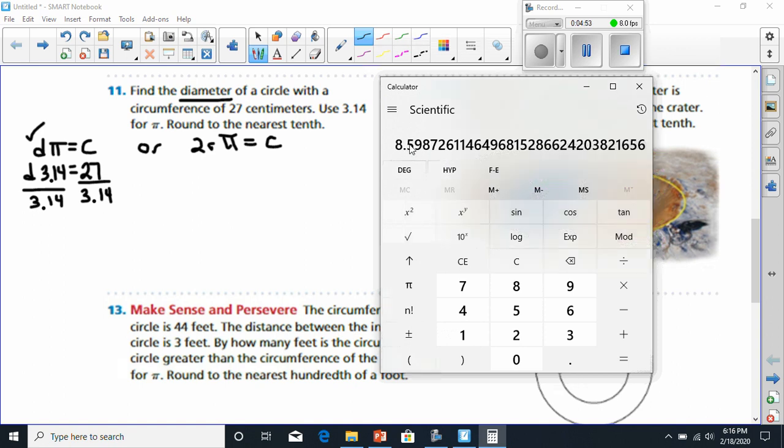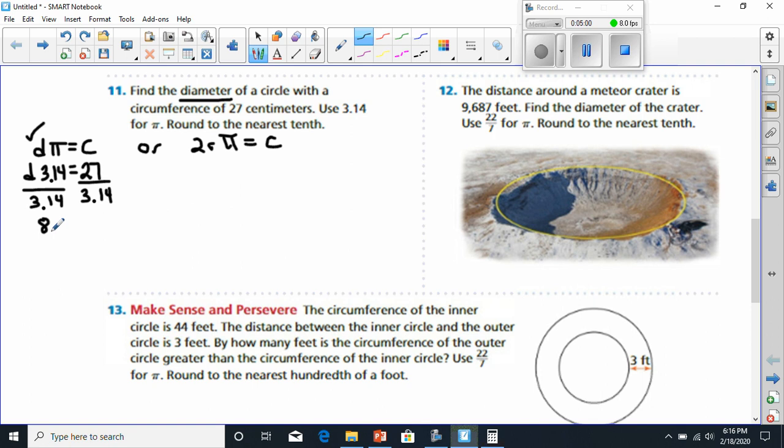If I round up, 9 is bigger than 5, so that will make the 5 a 6. So 8.6, I'm sorry, I got that in the wrong spot. The diameter, what's left over here after we cross this out, is equal to 8.6. And since we're talking centimeters, it'll be centimeters.